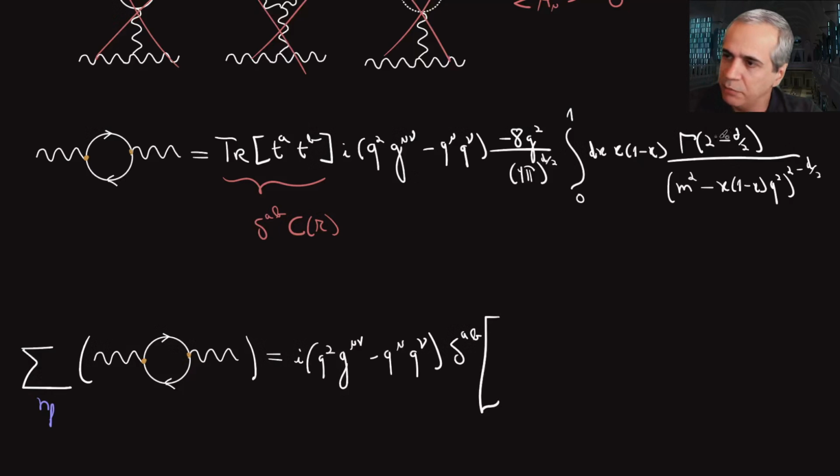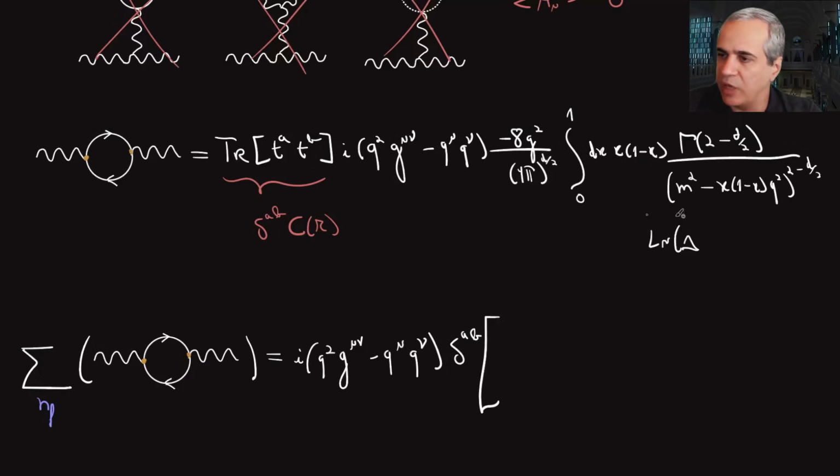Now this, if I only care about the divergent part of this integral, I can take just the 2 over epsilon that comes from here and do this integral. Just ignore this part, which would give me some log of delta, right? Where delta is this, right?